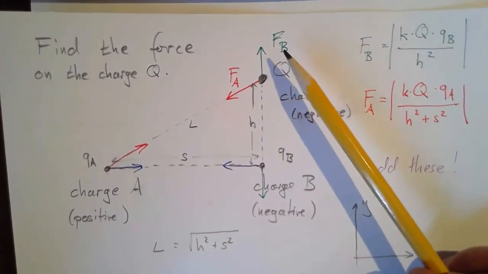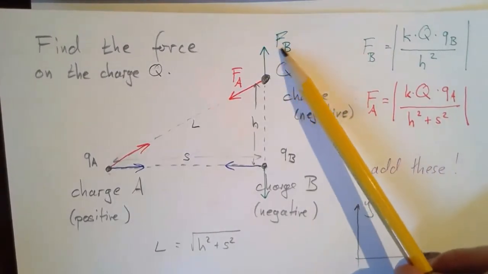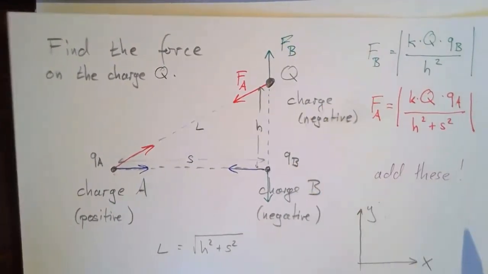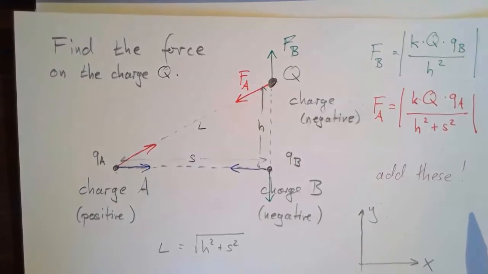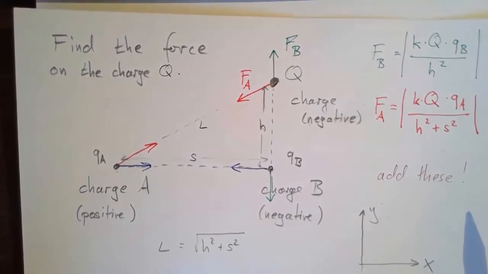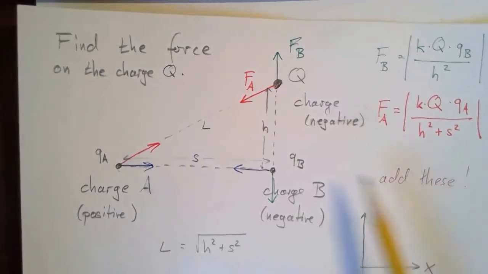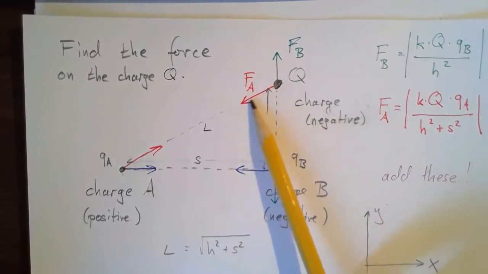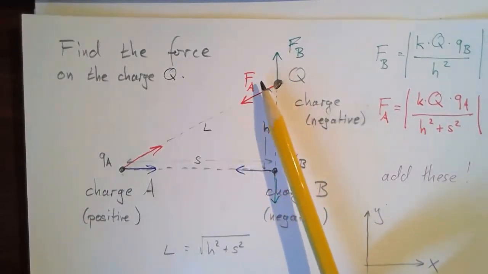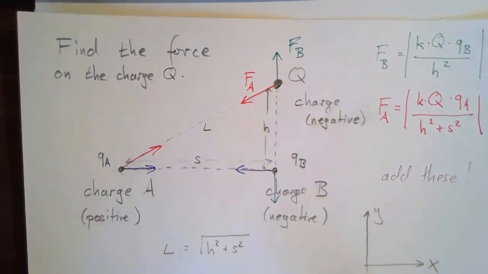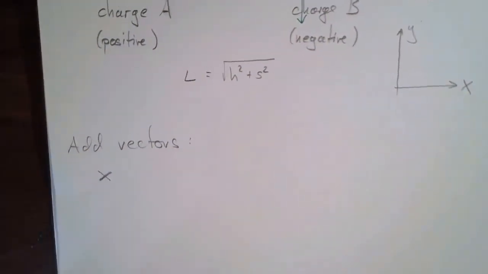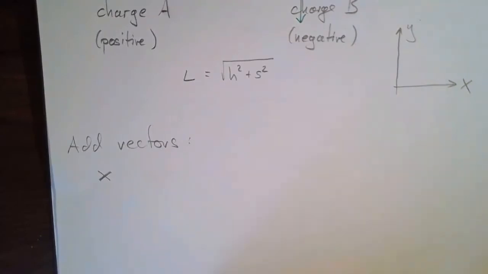Now, looking at the x direction first. FB is straight up, straight in the y direction. It does not do anything to the force in the x direction. So I really only have to worry about this one here. I want to find the x component. So let's draw this again.